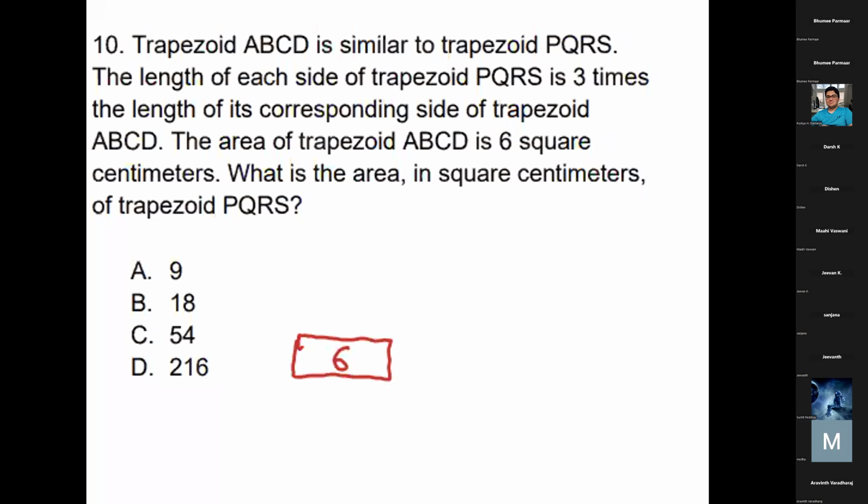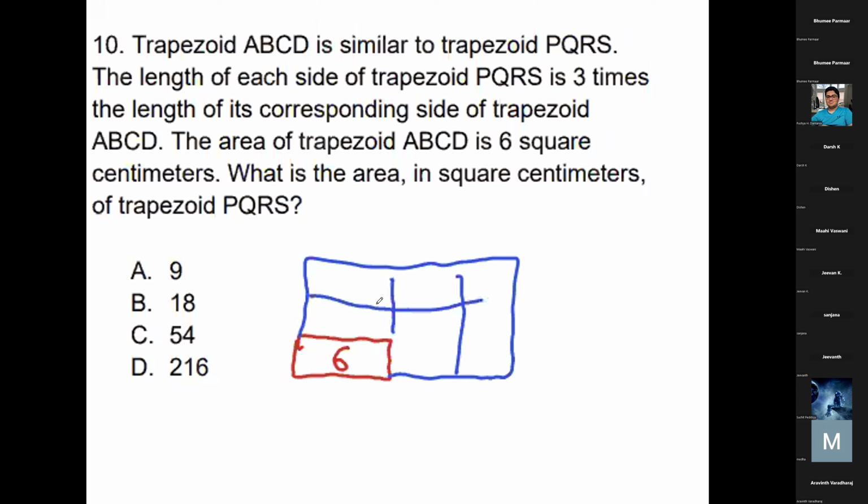And then we have PQRS, which would be this bigger trapezoid. This is essentially just 3 times the length. Whatever this length is, this is X, this is also X, and this is also X. And if this is Y, this is also Y, and this is also Y.